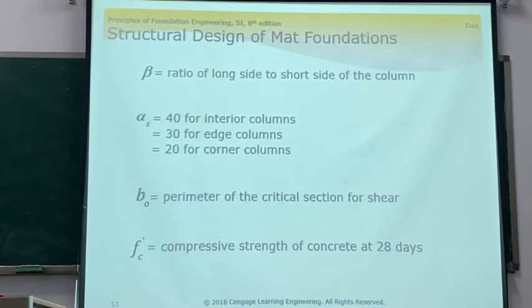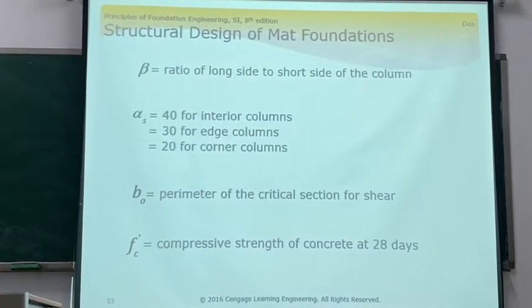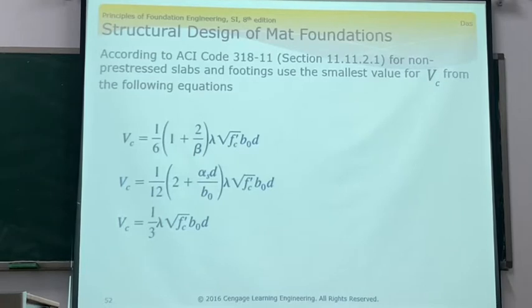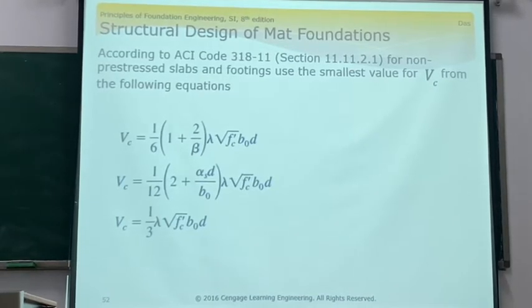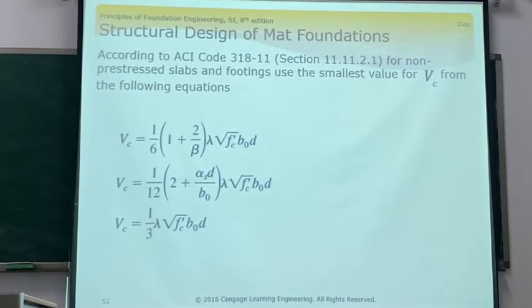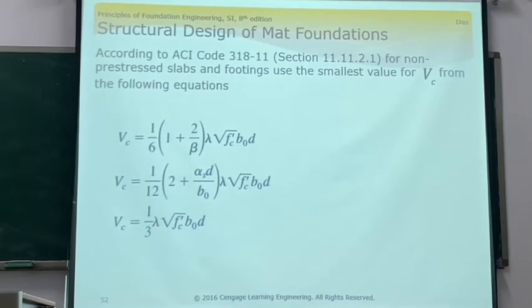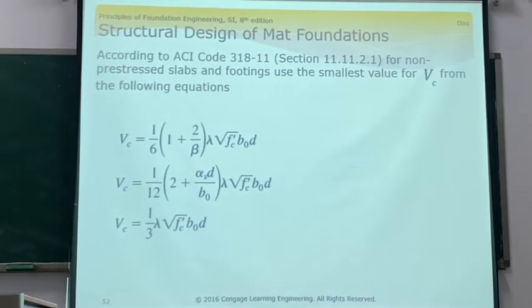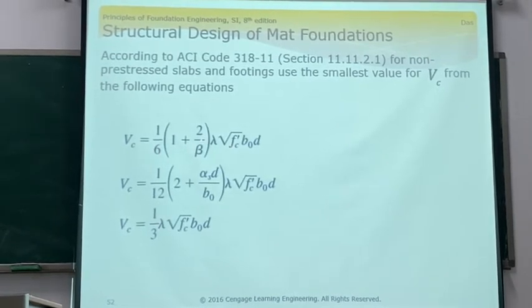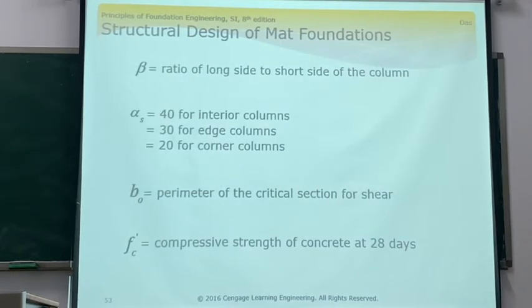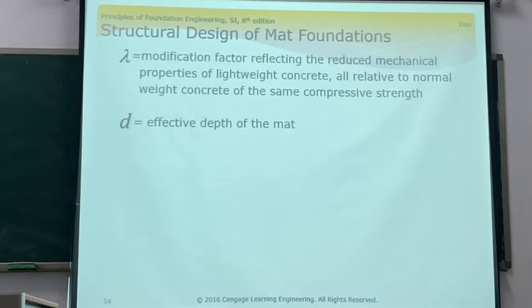In structural design, we can use this one, from this equation, if you study the principles of structural design. Yeah. This is this equation. This is from the ACI. Okay. Maybe you forgot it. Which one is that?